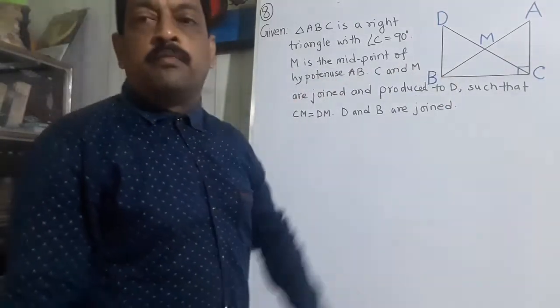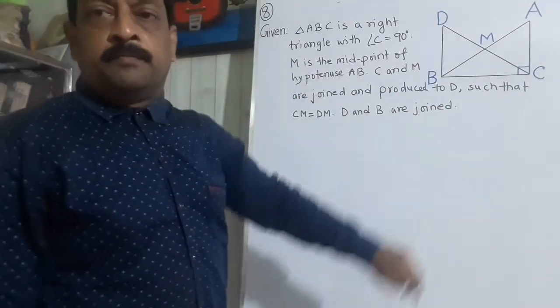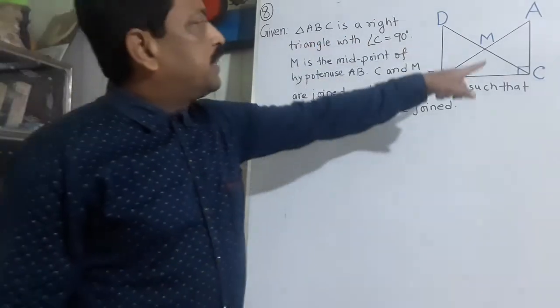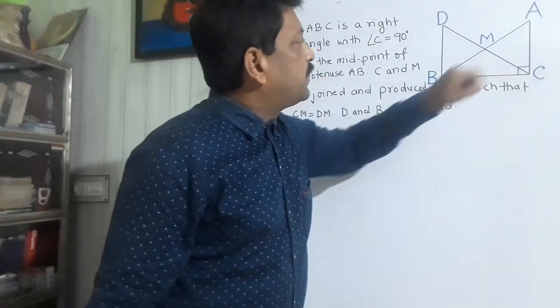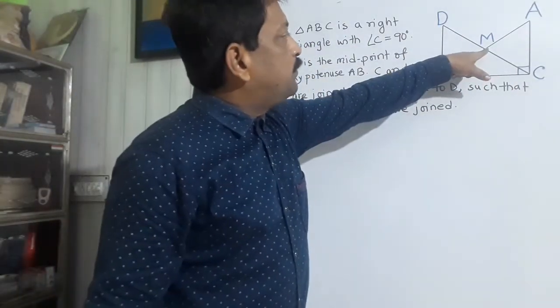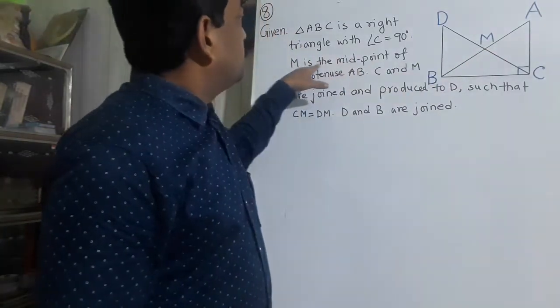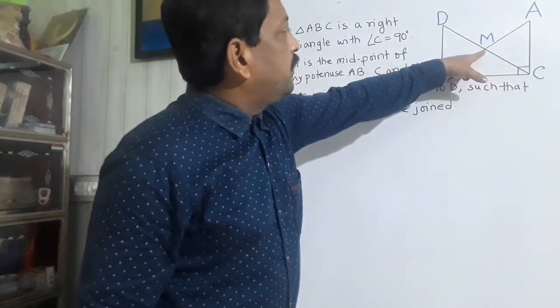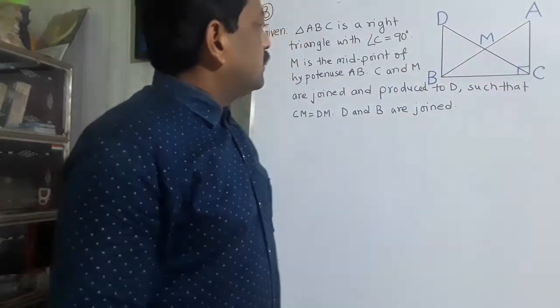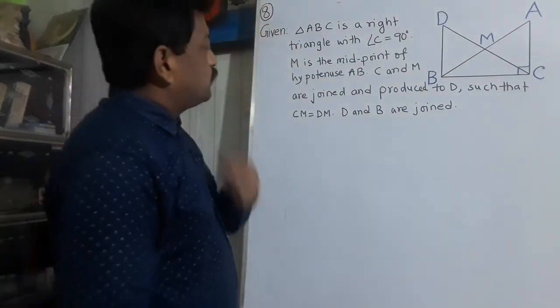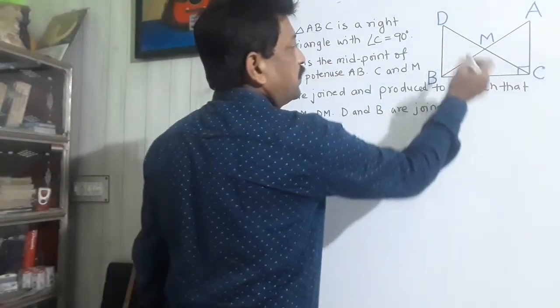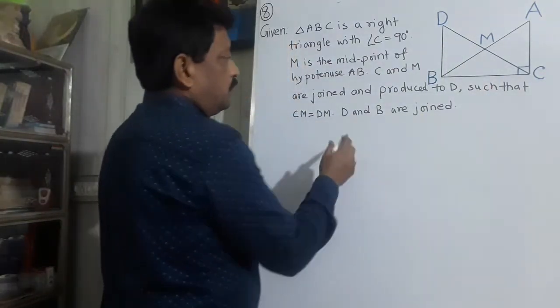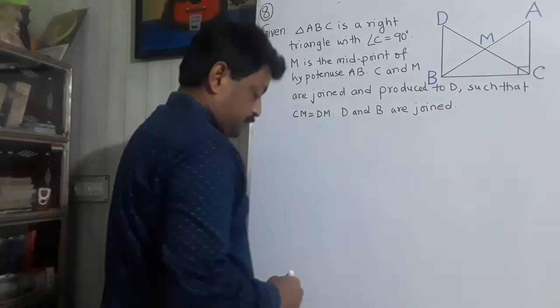So just try to match the statement with the diagram. Triangle ABC is a right triangle with angle C equals 90 degrees. M is the midpoint of the hypotenuse AB. C and M are joined and produced to D such that CM equals DM. These two are equal. D and B are joined.